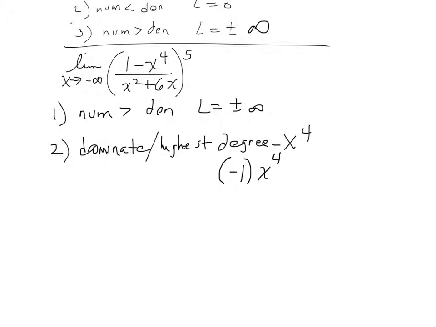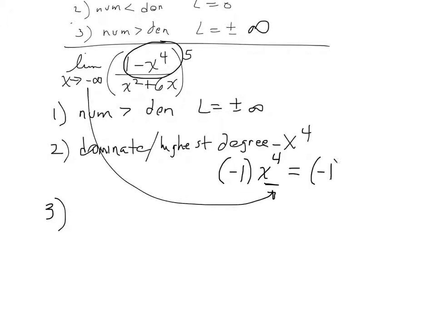Okay, that negative is not attached to that x to the 4th. It's out front there. So if I look at my power here that I'm plugging in, and just bear with me doing this unreal math, that actually is going to make that positive because you have an even power.